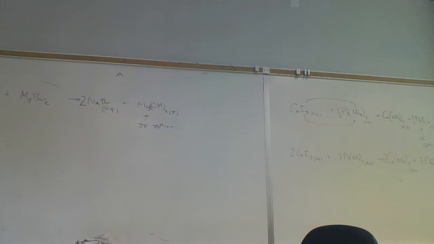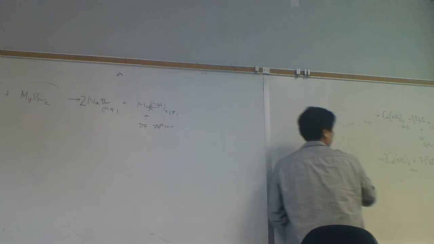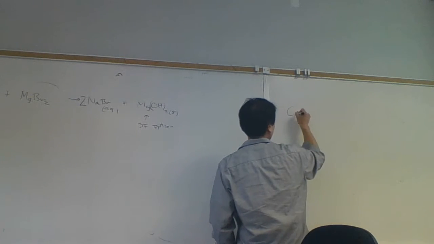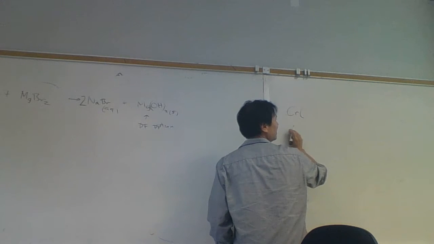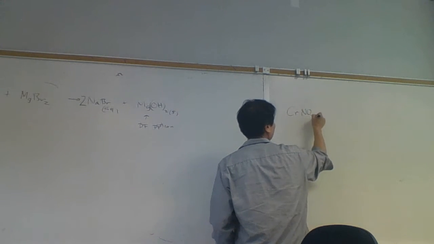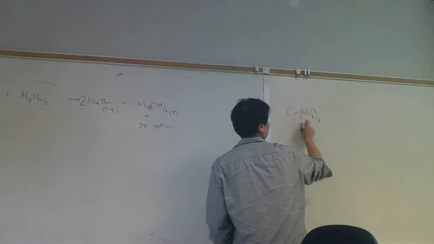Okay, 26. A precipitate forms when aqueous solutions of chromium-3 nitrate and sodium hydroxide are combined. Well, chromium-3 nitrate, what's the formula for that? Cr(NO3)3.